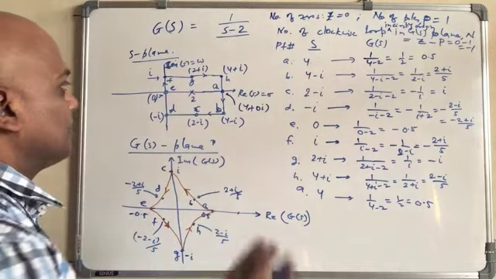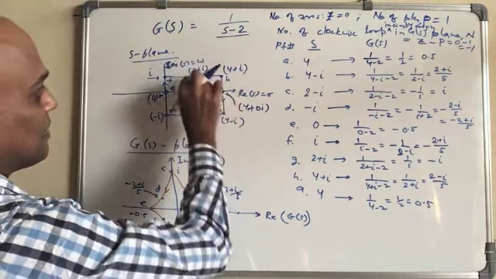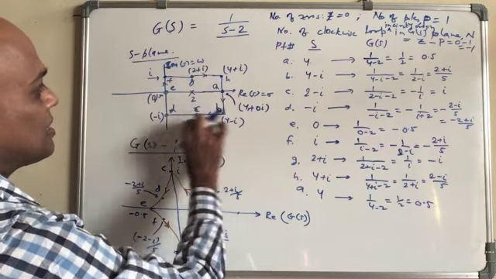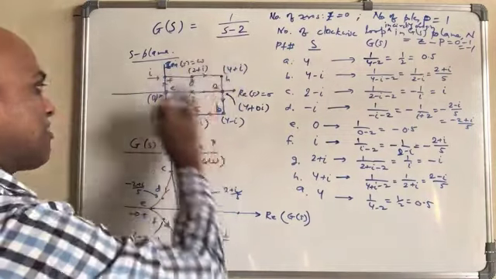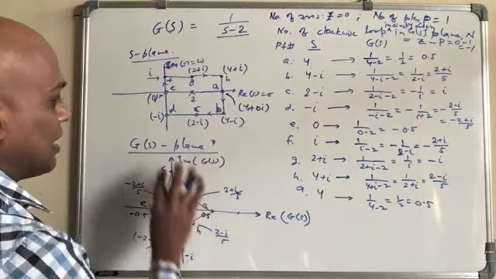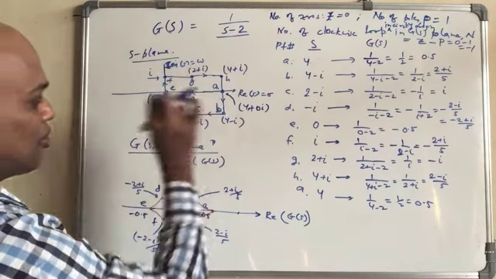I'm going to repeat again. You have this plane here. We have made a complete closed loop, clockwise, and then we have drawn the map of GS corresponding to this S closed loop.